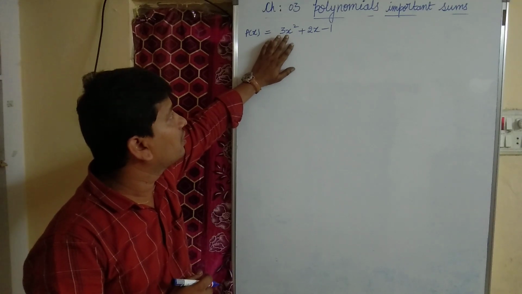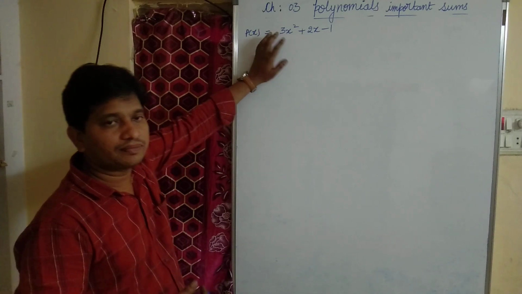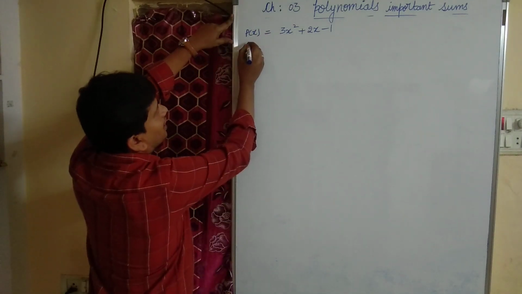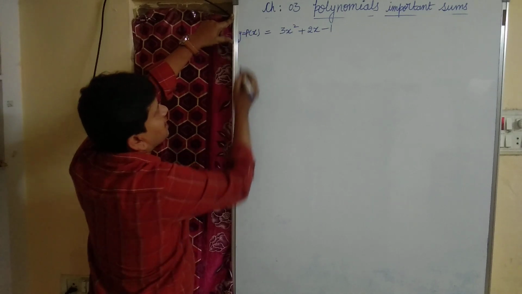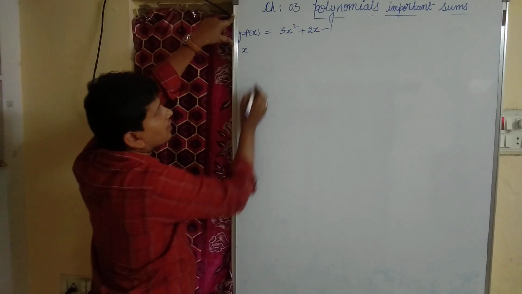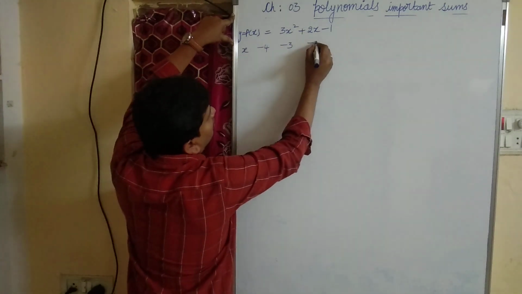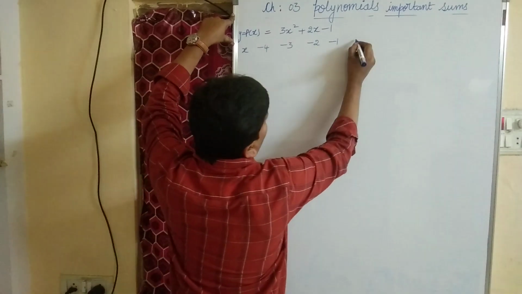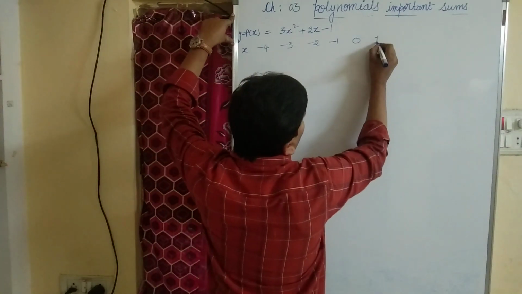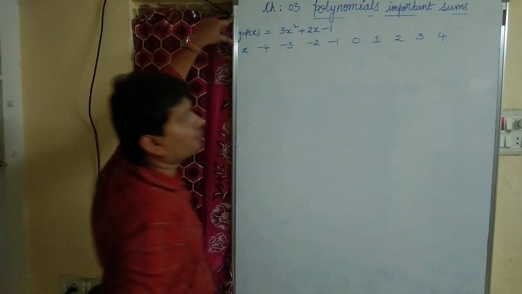But in this graph, the x square coefficient is 3. The same way, let us consider the given polynomial p of x as y. So consider the values of x. Let us take x values minus 4, minus 3, minus 2, minus 1, 0, 1, 2, 3, 4.